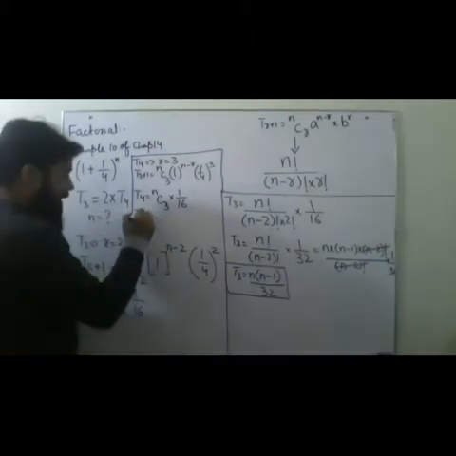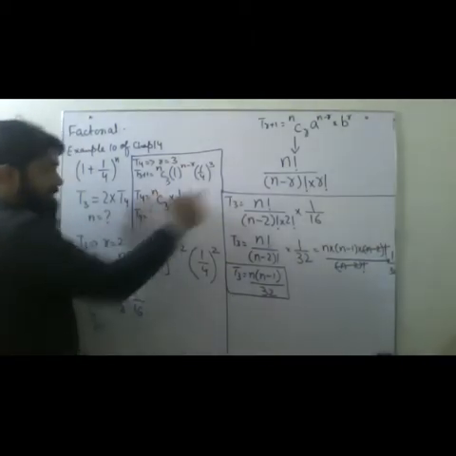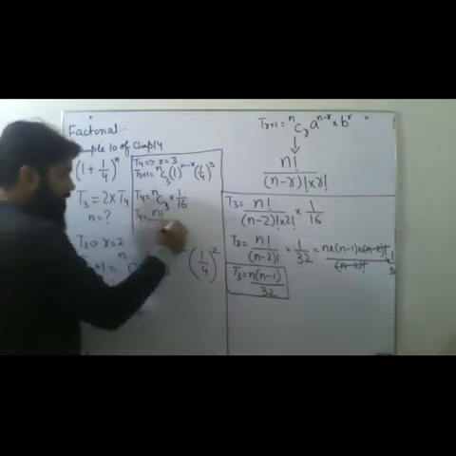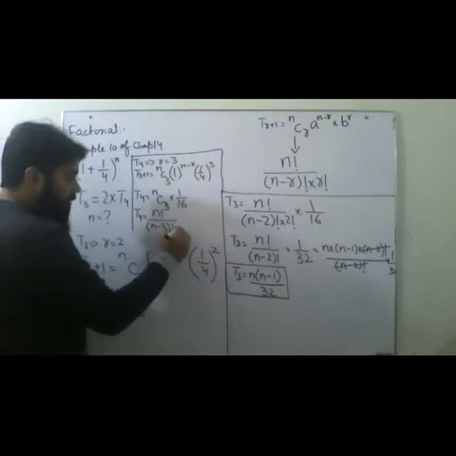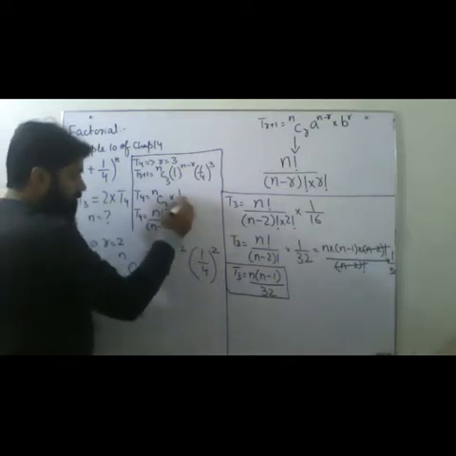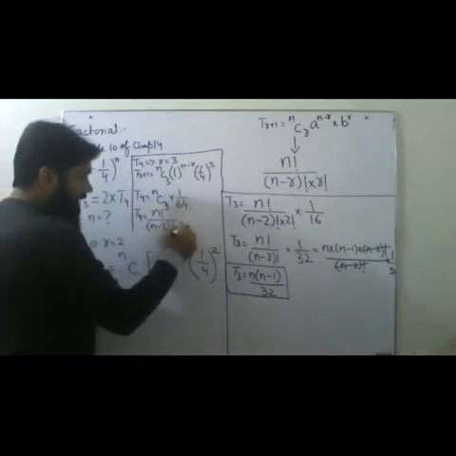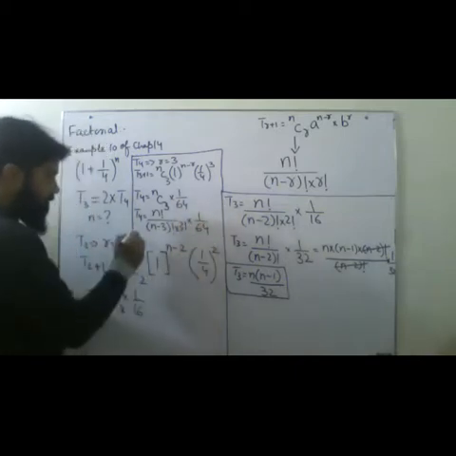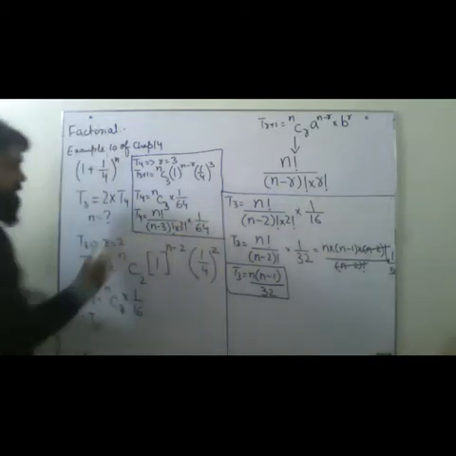Again applying the formula, T4 equals nC3, applying this formula, n factorial over n minus 3 factorial into 3 factorial multiplied by 1 over 64.